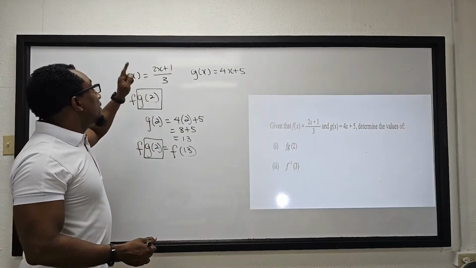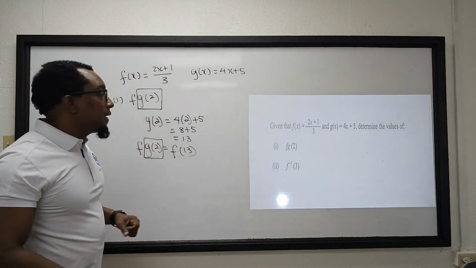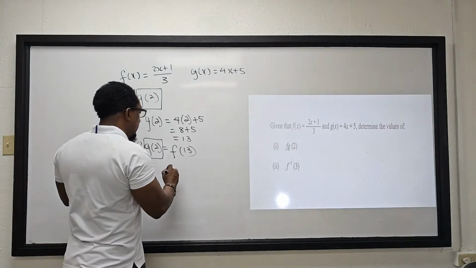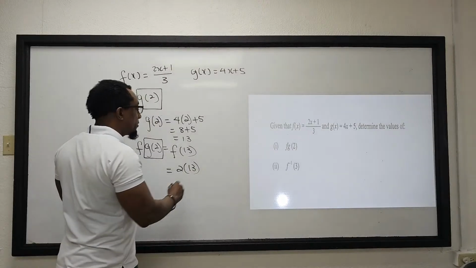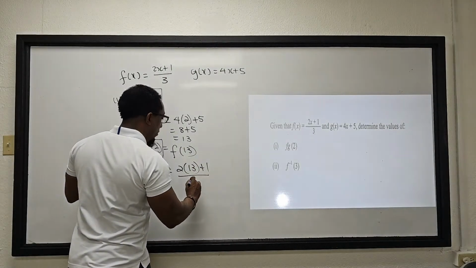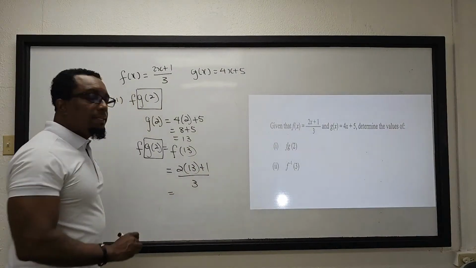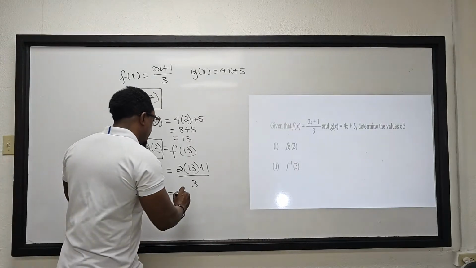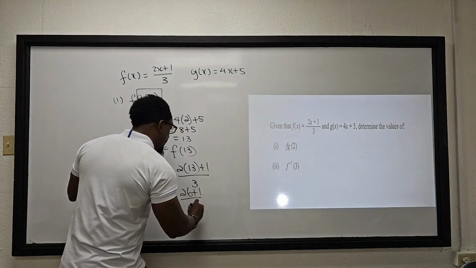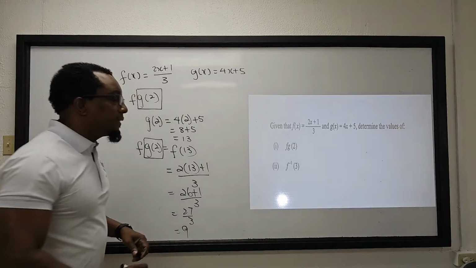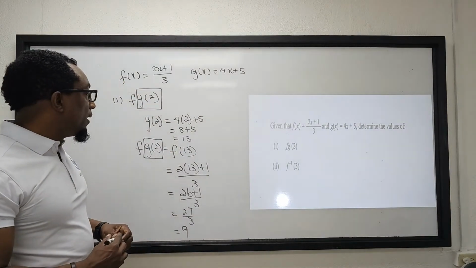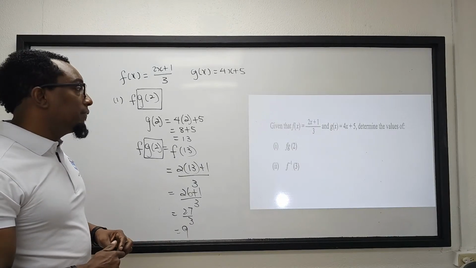Where I see my x in f of x, I'm going to replace it with 13. This will be 2 times 13 plus 1 all over 3. 2 by 13 is 26 plus 1 over 3, 27 over 3, and the answer there is 9. That is fg of 2.